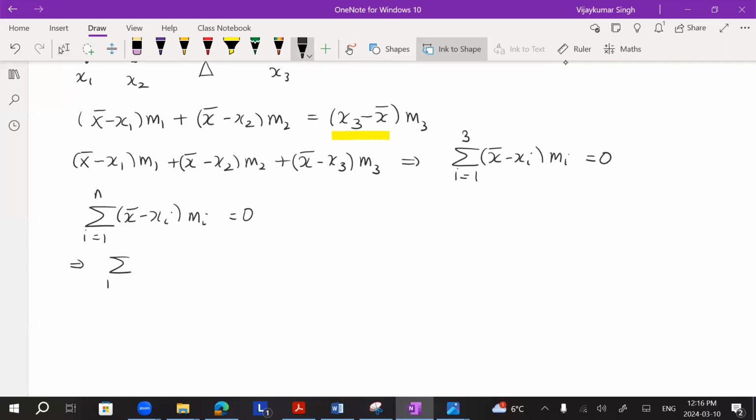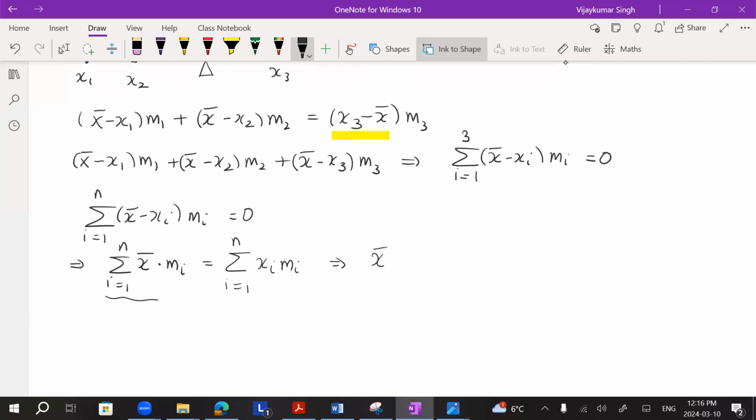So we have the summation i going from 1 to n of x bar mi equals, opening this up and bringing it to the other side, the summation i going from 1 to n of xi mi. And from the first part, I can take x bar common.